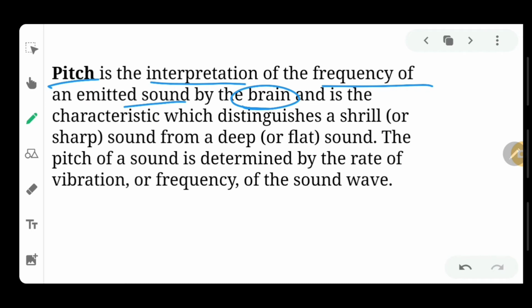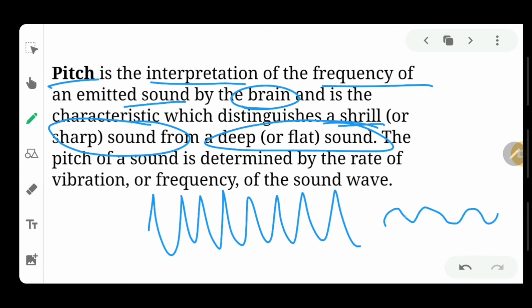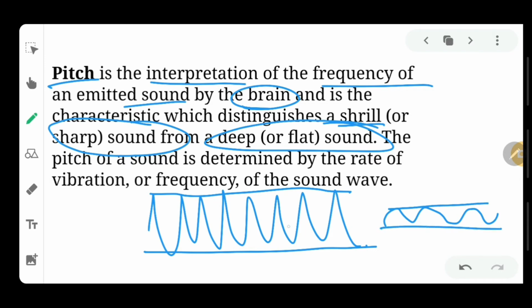So that is the characteristic, the shrillness present in a sound. So a voice can be a sharp sound, or it can be a deep flat sound. Sharp sound means the wave is like this, and flat sound means, see, the wave is not as sharply changing as the sharp sound.